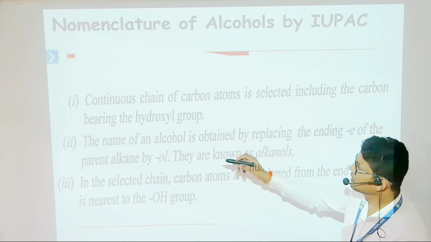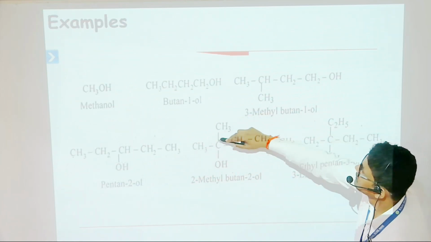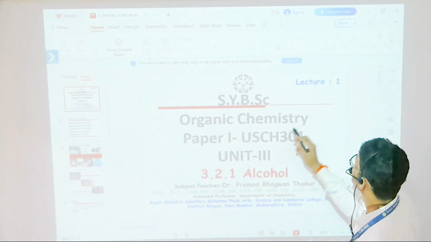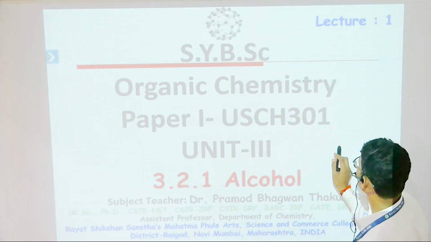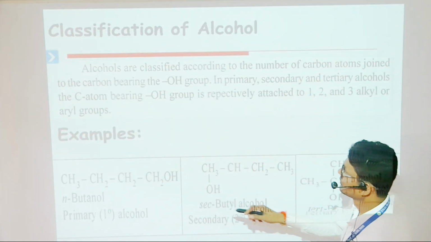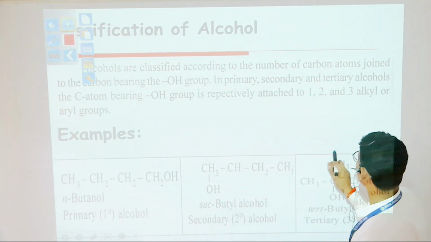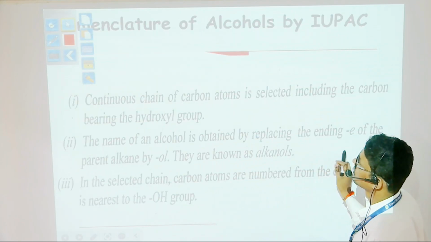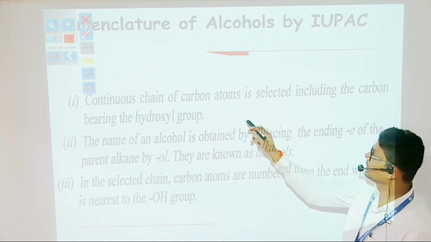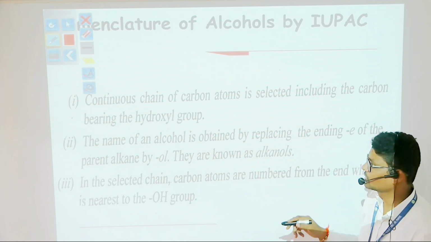The first step is to select the continuous chain of carbon atoms, and then we give the name to that particular alcohol.